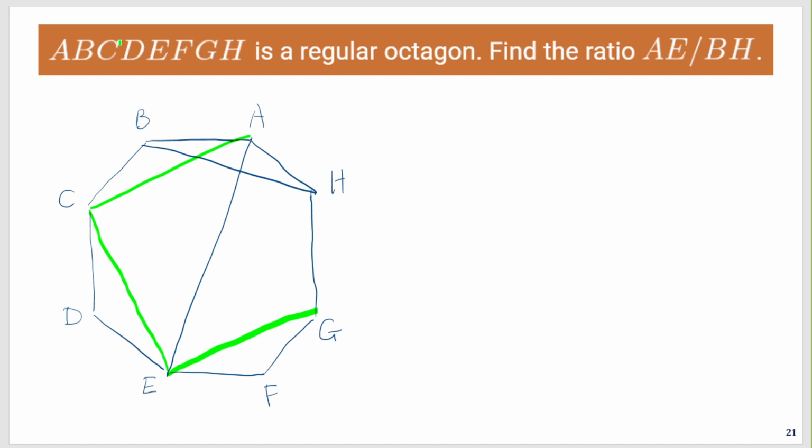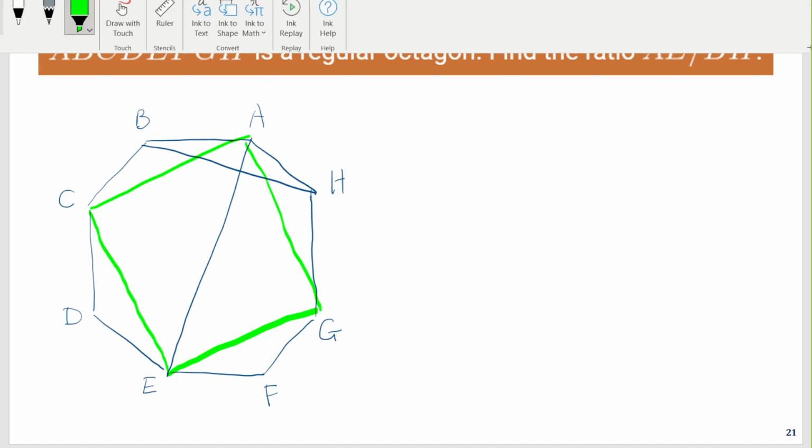Okay, so basically you have a square and AE is actually the diagonal of that square, right? Did you notice that?